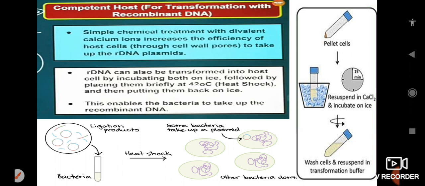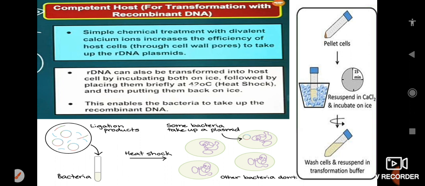The recombinant DNA is just resuspended in calcium chloride and incubated on ice. Once they are incubated on ice and centrifuged, you can wash the cells and resuspend them in transformation buffer. I have the transformed cells there.